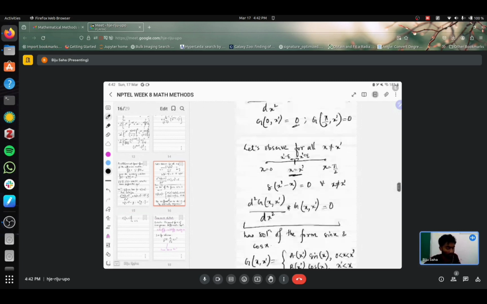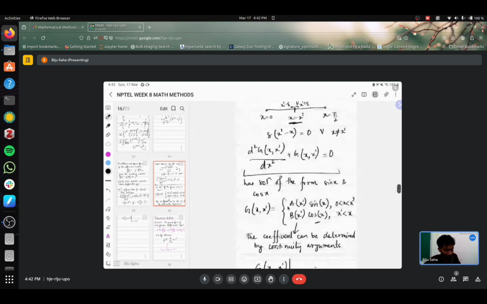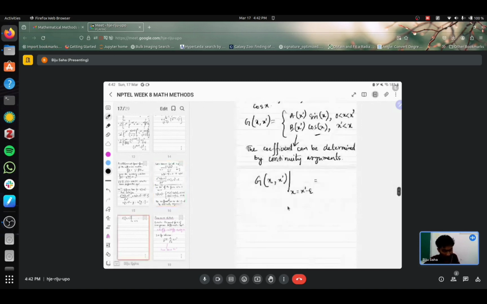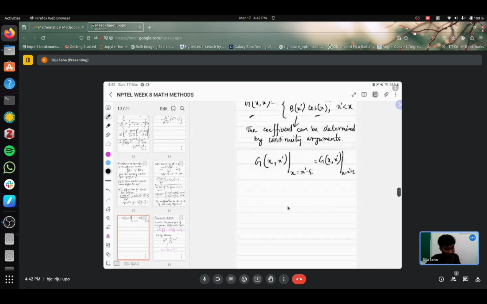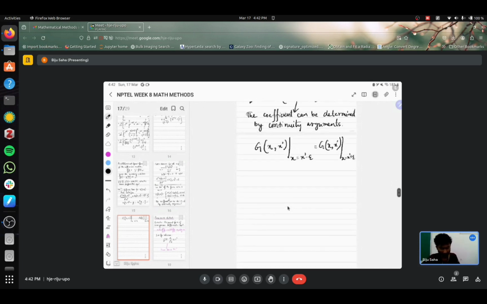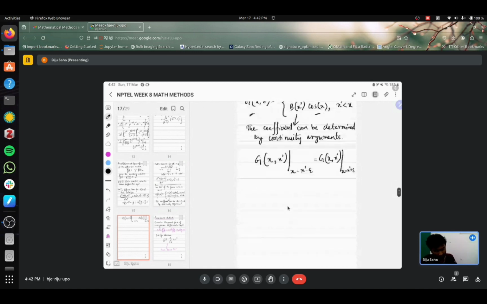If epsilon is very small and my continuity condition is satisfied by this choice of g, I should have this also satisfied. So on both sides of x prime, the value should be giving us the same value. So this is one such continuity condition that we should keep in mind.